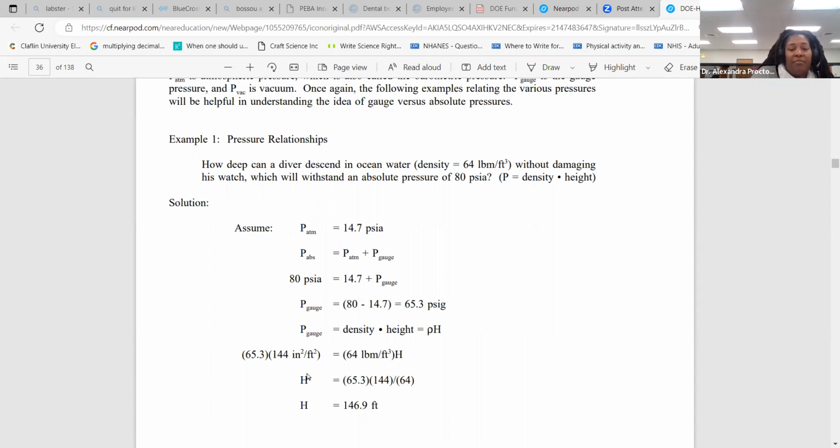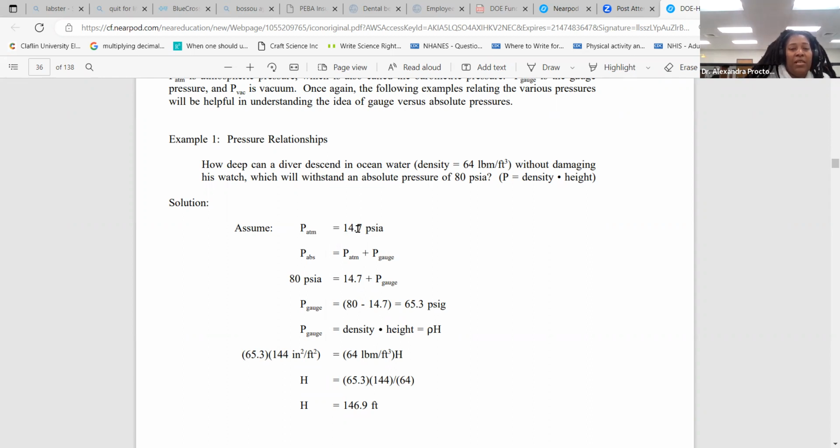Density. So when they ask you how deep the diver can descend, they're talking about the height. They give you a value for the atmospheric pressure.